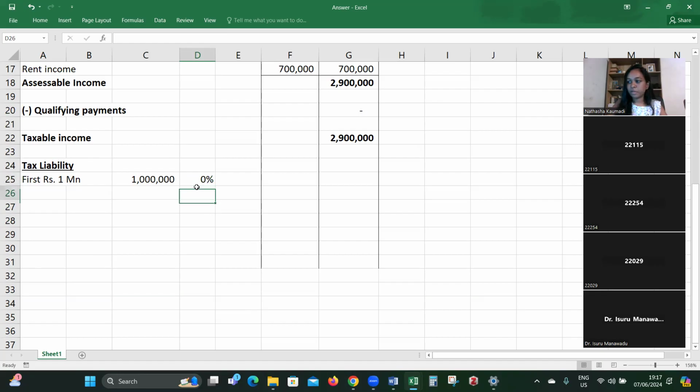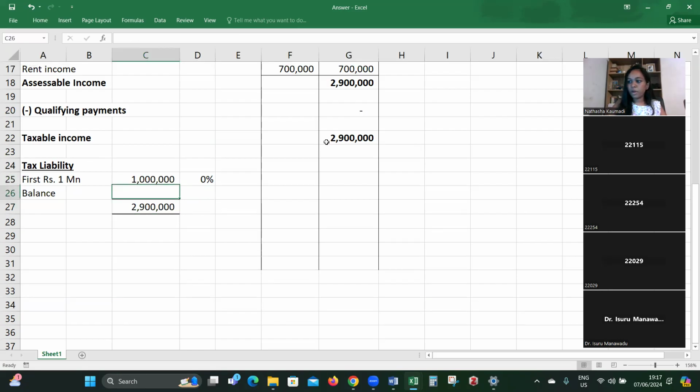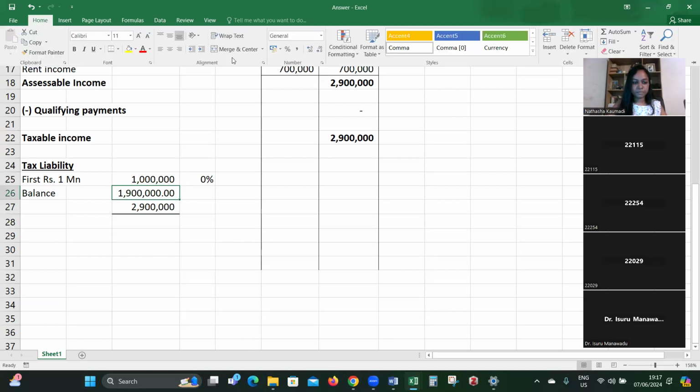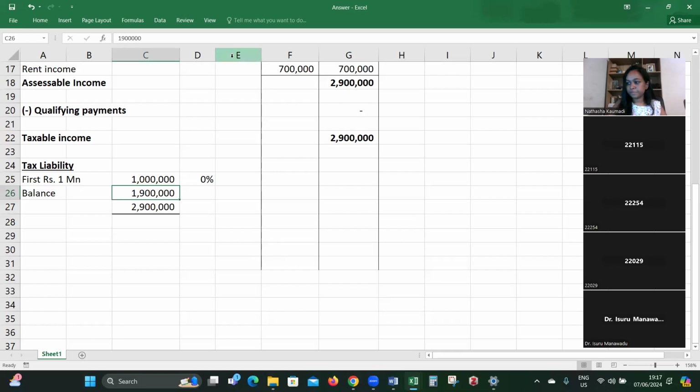Right. 0%. What is the balance now? You have 1.9 million, right? From 2.9 million, if you deduct 1 million, 1.9 million. That is taxed at which rate? Right. 6%.